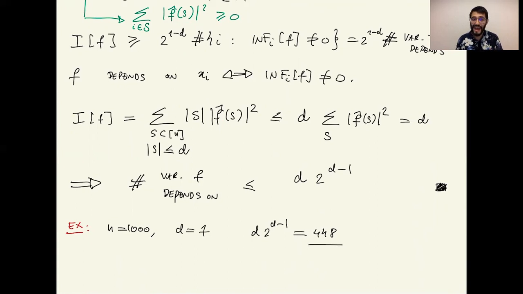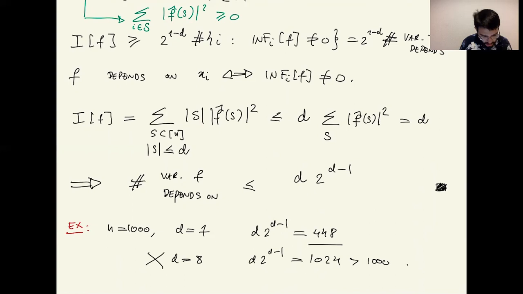But if d is 8, then this guy is bigger than 1,000. So then the bound doesn't tell you anything. Okay, so this is bad. So this is just one numerical example.